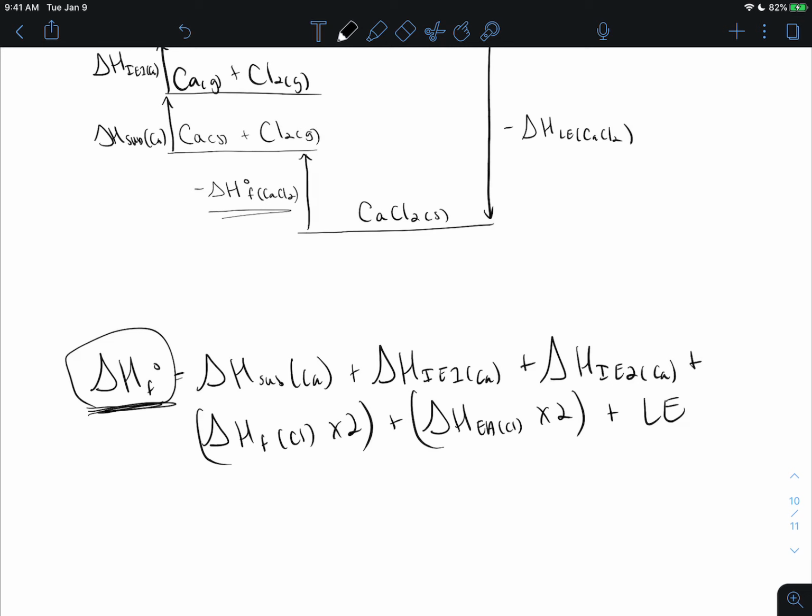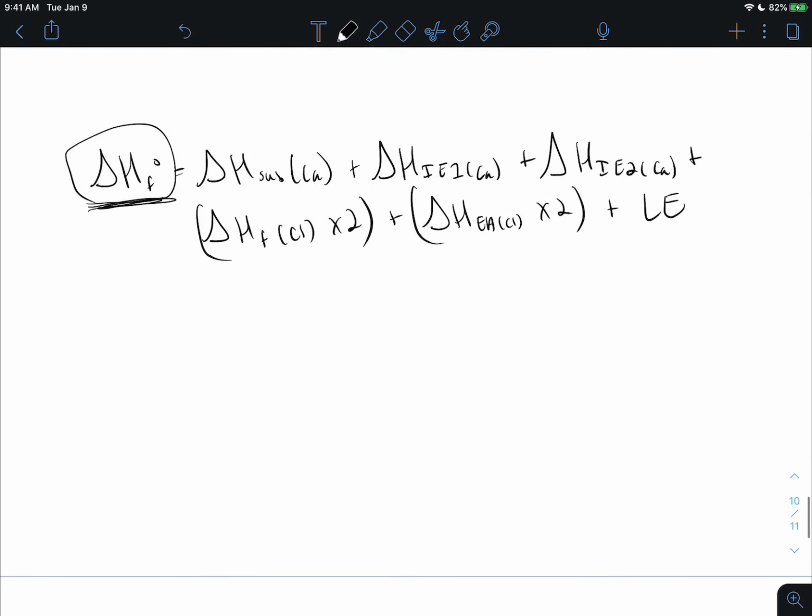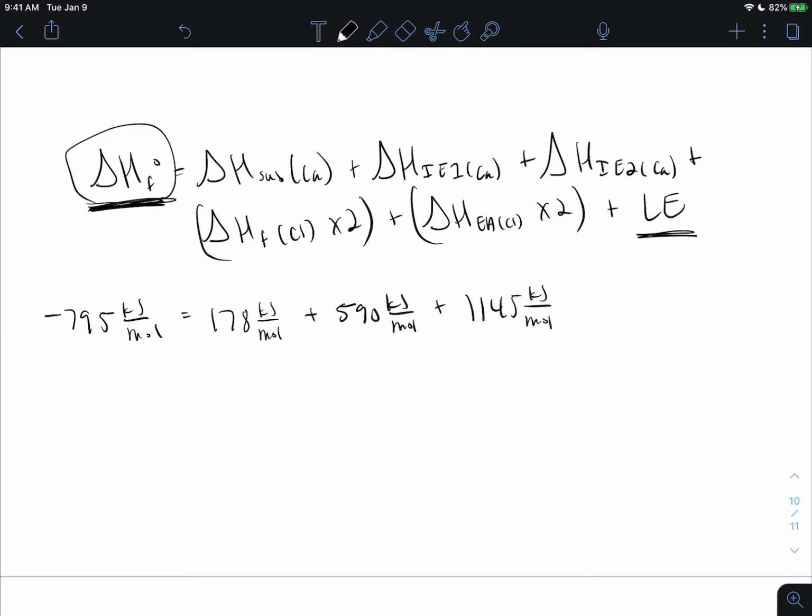Okay, so let's put all these values in. So we've got our enthalpy of formation, negative 795 kilojoules per mole. Note that we're just putting in our regular formation energy and our regular lattice energy. Okay, and it's going to be equal to our sublimation of calcium, which is 178 kilojoules per mole, plus our first ionization energy, 590 kilojoules per mole, plus our second ionization energy, 1145 kilojoules per mole, plus our formation of chlorine.